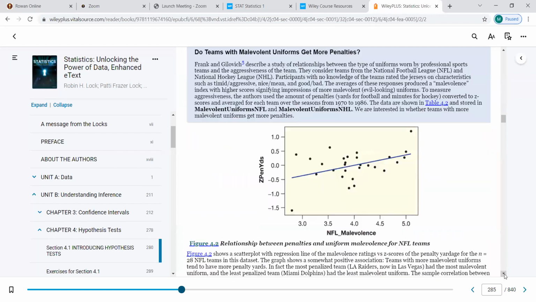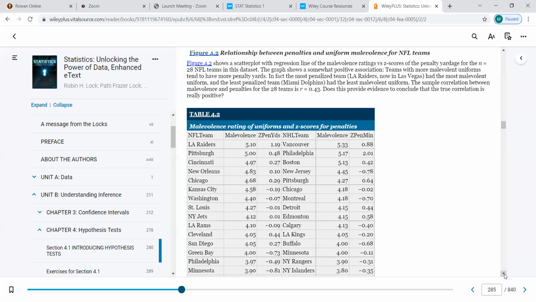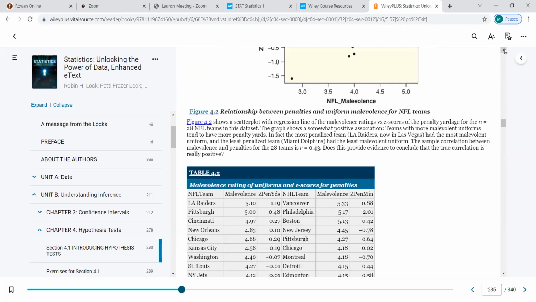Now, sometimes there are hypothesis tests that are done, besides on means and proportions, on other statistics, such as on a correlation coefficient. For a particular sample, we may get a positive moderate correlation coefficient of 0.43.